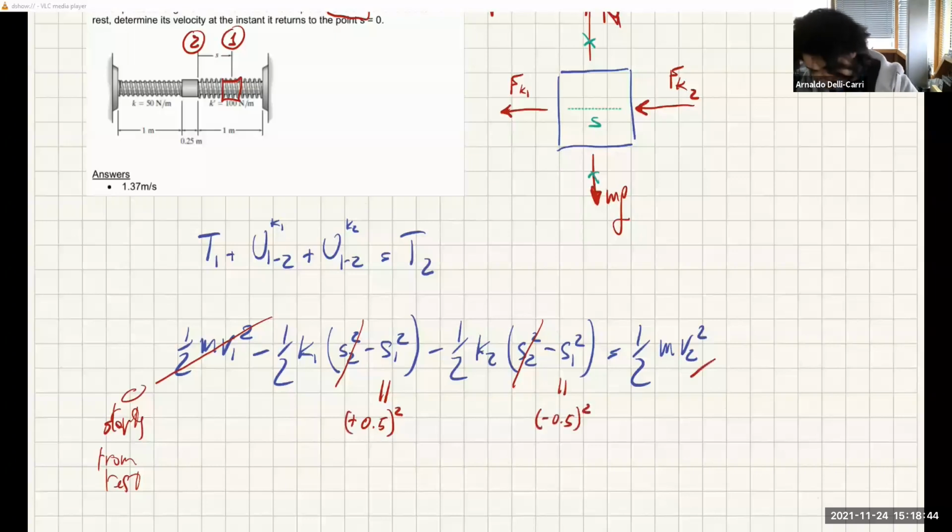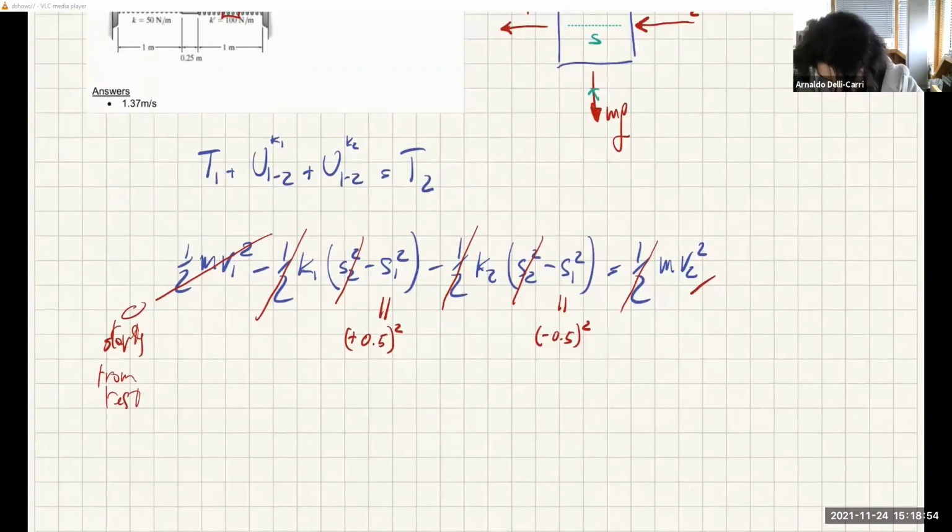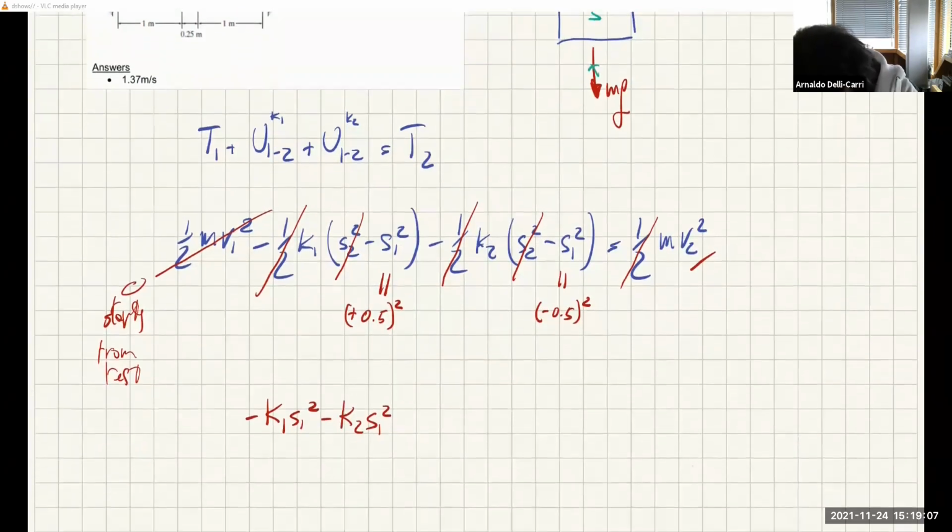V2, again, is the only thing that we need to find. So we have only one equation, and so we need a single unknown. This half can go away, because it's common to every term. So we are left with minus K1 S1 squared minus K2 S1 squared equals MV2 squared.